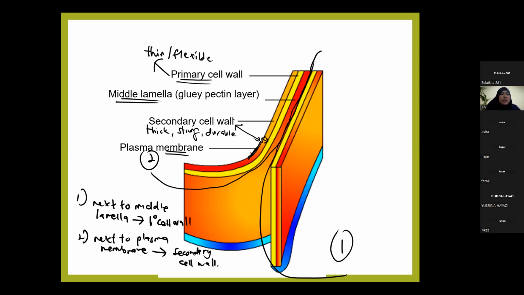Right? Lepas tu, secondary wall biasanya, and the wall is perforated by plasmodesmata. Dekat bahagian luar ni lah, dekat luar cell wall. Ada rongga-rongga, kita panggil plasmodesmata. Okay, tu nanti kita tengok. Right. Okay, settle this one.